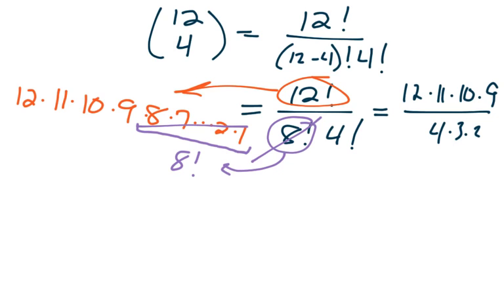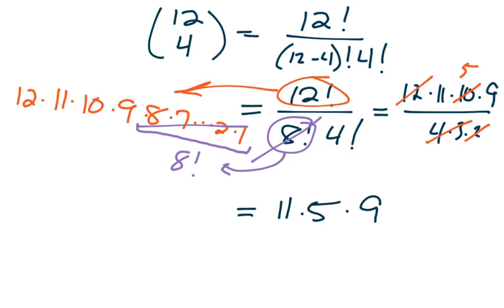At this stage, you really just want to cancel whatever you can see. It becomes a free-for-all at this point. So for instance, I see that 4 times 3 is 12, and I've got a 12 upstairs, so I can cancel those. I've got a 2 here, and I only have one even number upstairs, which is 10, which I'll replace by 5. After all that, I'm left with 11 times 5 times 9.